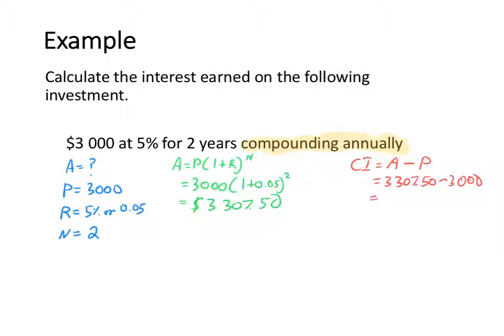So the compound interest on that original investment is going to be $307.50. So if you were to invest $3,000 at 5% for 2 years, and that compounds annually, it is going to equal $307.50 worth of interest. So that's an example of how we calculate compound interest when we are compounding annually. So that's once per year.